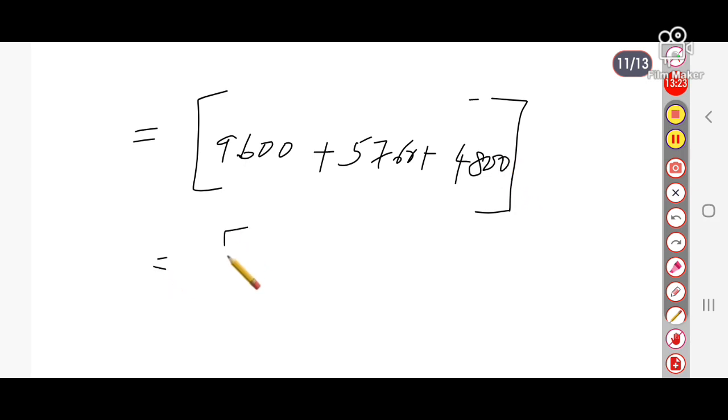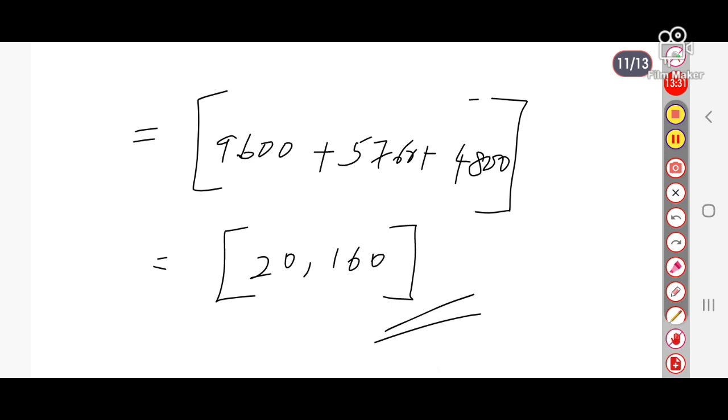So on the whole, upon summing this up, we get 20,160. So the total amount received by the bookshop seller will be 20,160. So general multiplication of the matrix is what we have to do here. Just understanding the question that is given is much more important in this 20th question of this exercise.